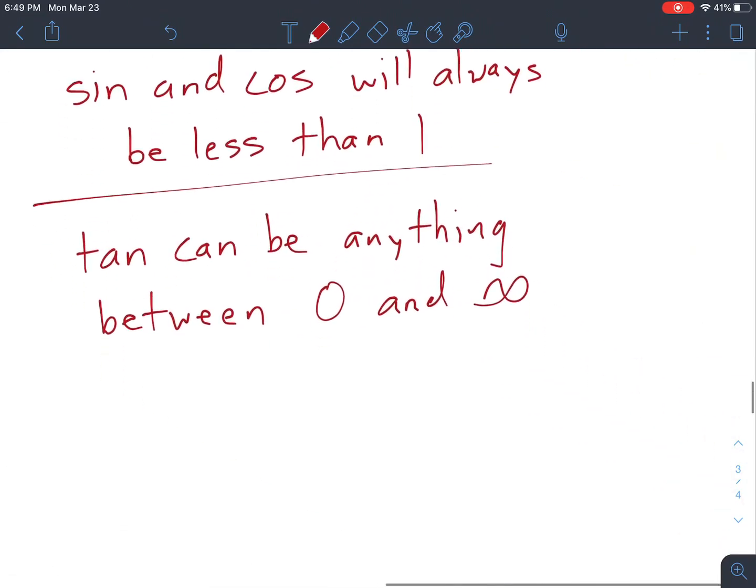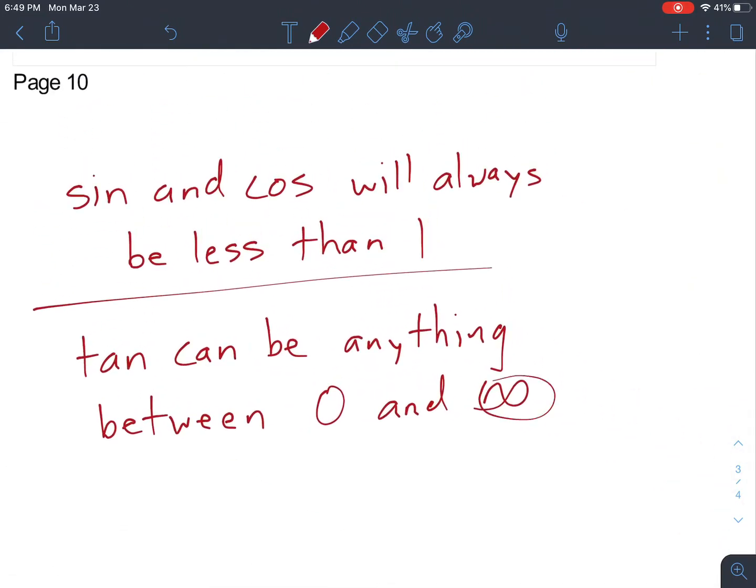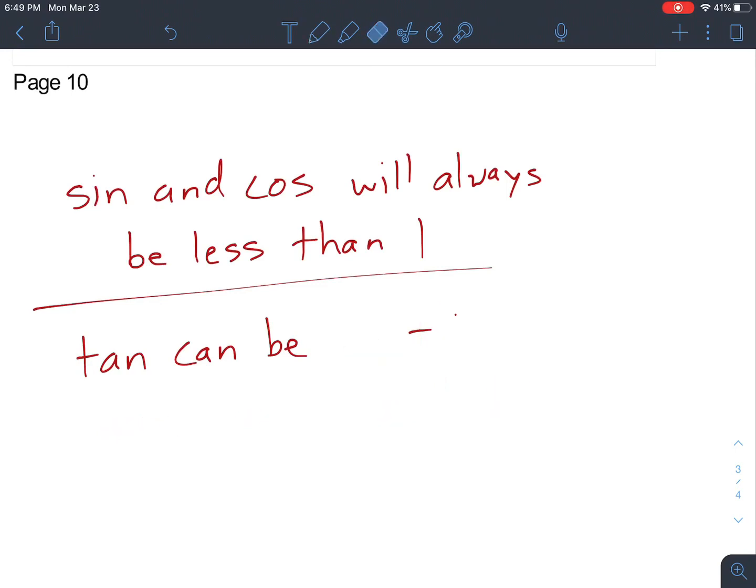Now, we're not going to actually ever get close to infinity here, but just letting you know that it is possible for tangent to be larger than 1. So maybe what I could actually say as more accurate is that tangent can be larger than 1.